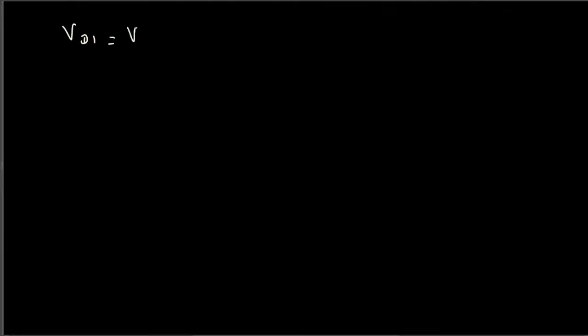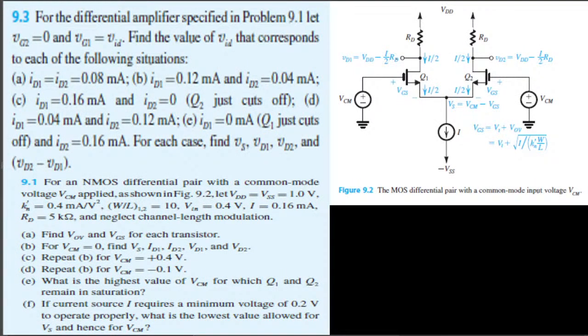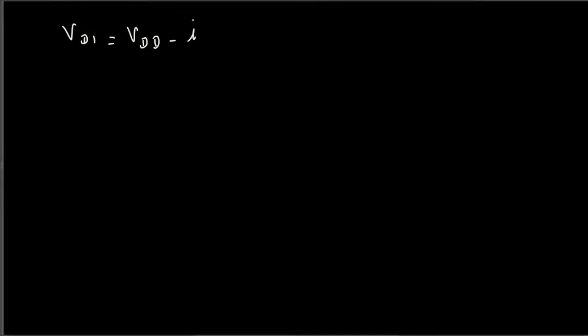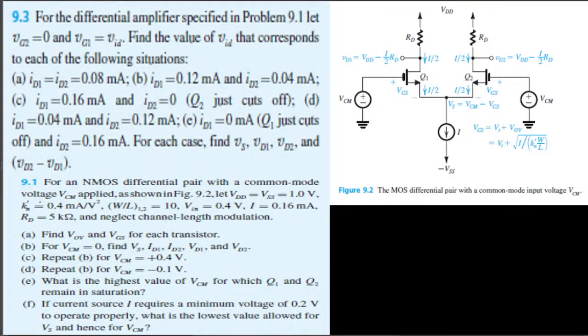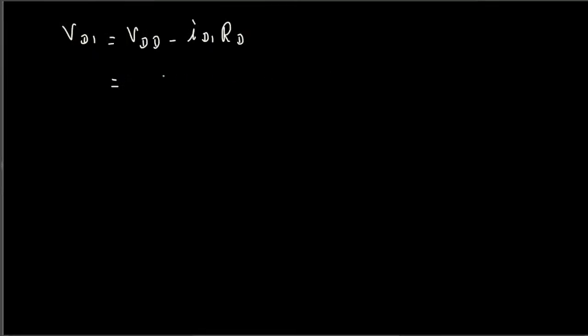VD1 is equal to VDD minus, instead of I divided by 2, I put ID1, times RD. And VDD, we are looking at the parameter in the 9.1 question. VDD is 1 voltage right there. So plug that one in, and then the current is 0, so anything else doesn't matter. So this is just 1.